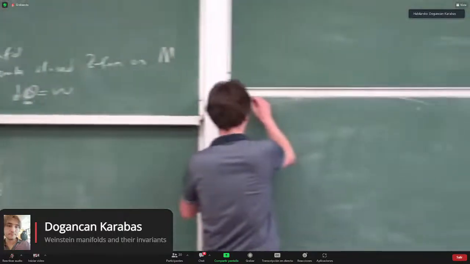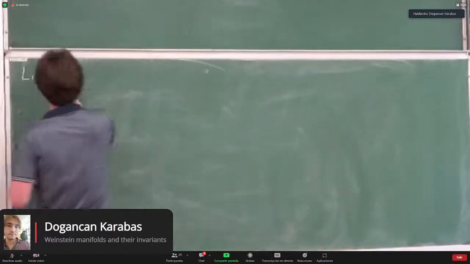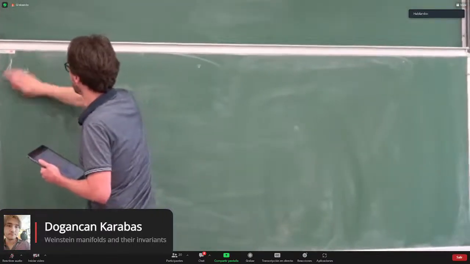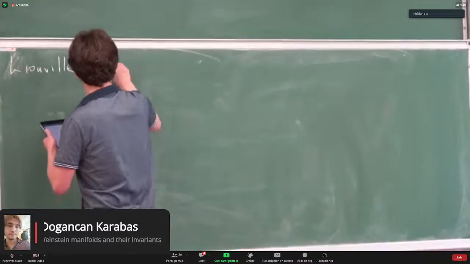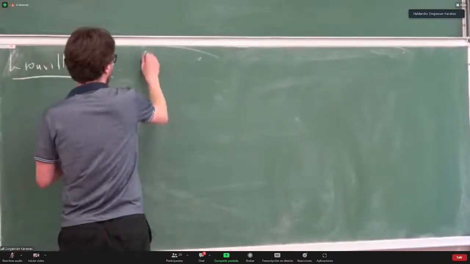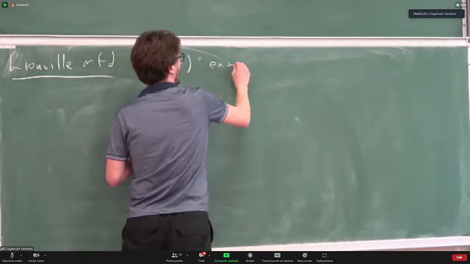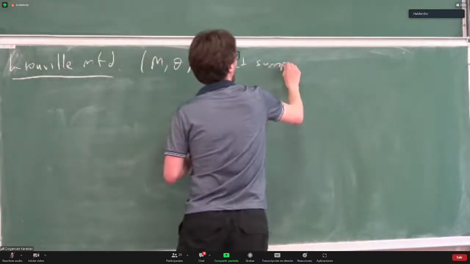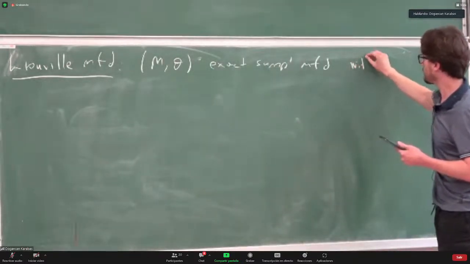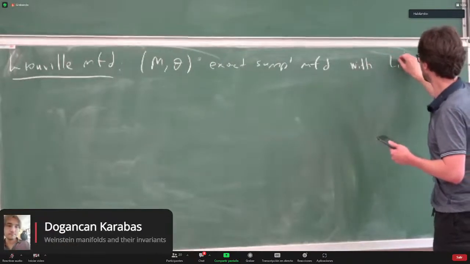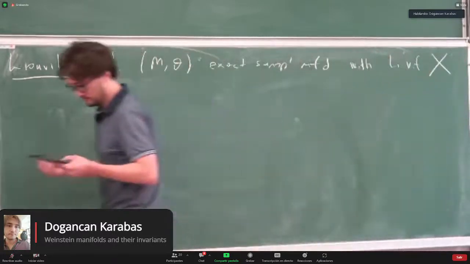So, a Liouville manifold is an exact symplectic manifold with a Liouville vector field X. Okay.